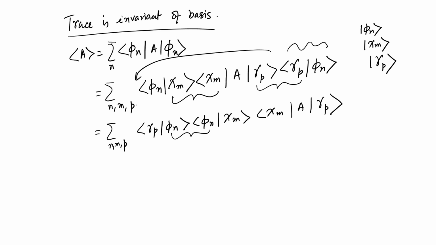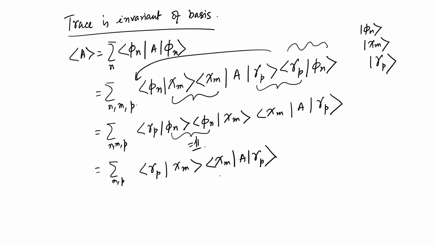Now, you see that we can use this sum over n and these outer products of the phi n, the original basis that we have written, we can make that equal to 1, and this will go away, and then we have sum over m and p, because we have taken n into account, and then we have a gamma p, and we have a chi m, and then A, and then gamma p.